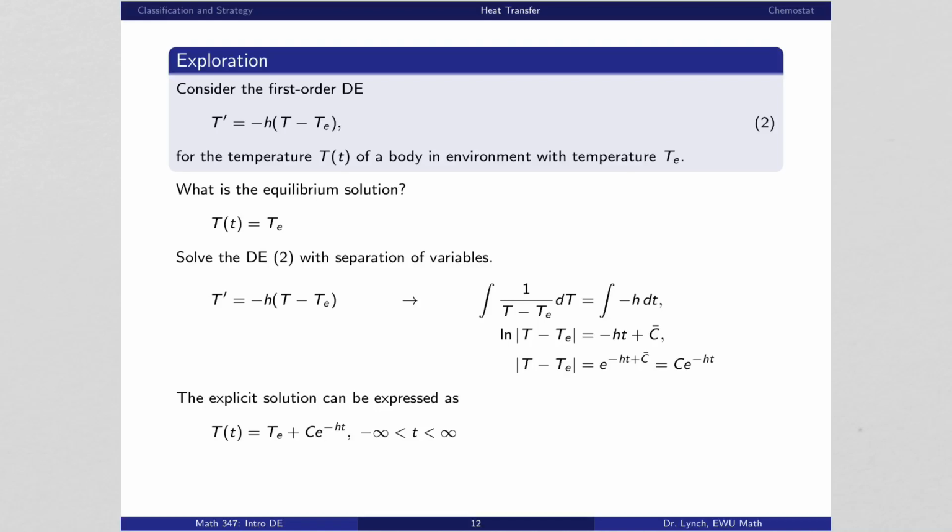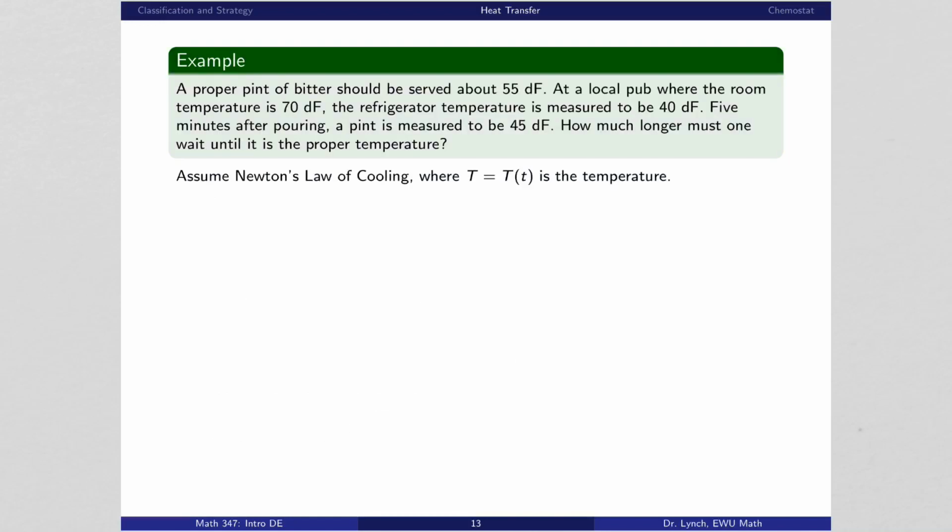And again, having a look here at our model, it appears that as t gets infinitely large, capital T approaches T sub e, which is something we would expect from the model, whether we have a cold glass of water or a hot cup of coffee. If we leave it in some room for a long time, it ought to approach room temperature.